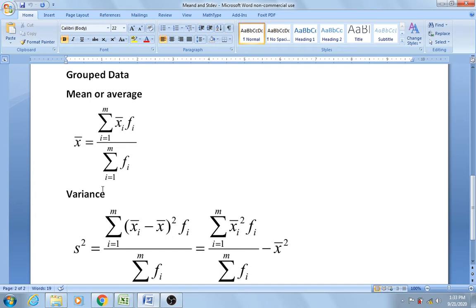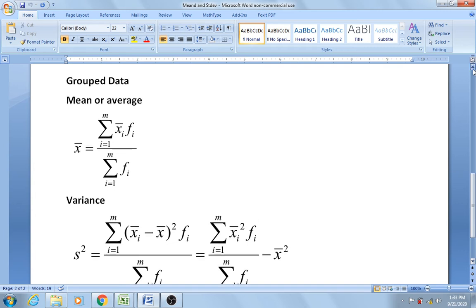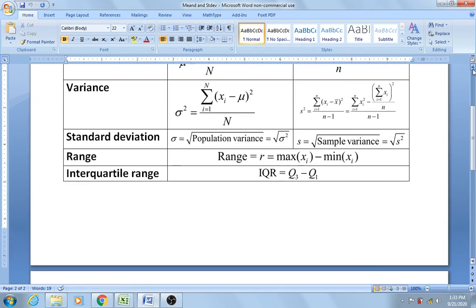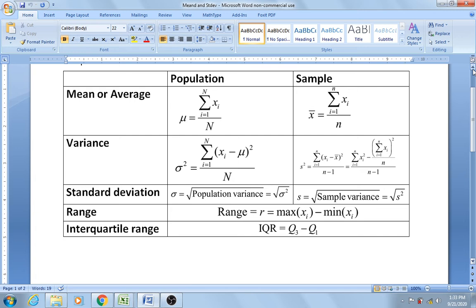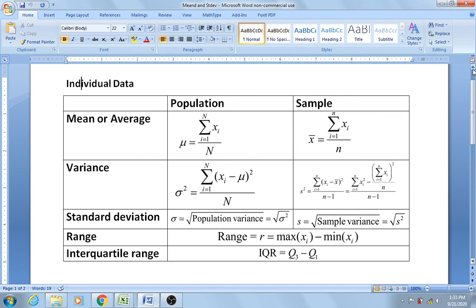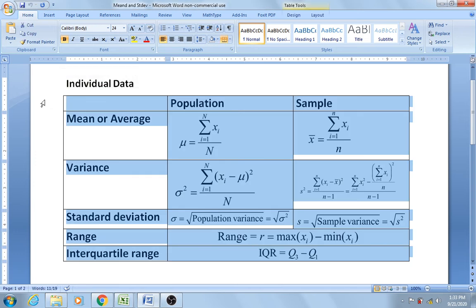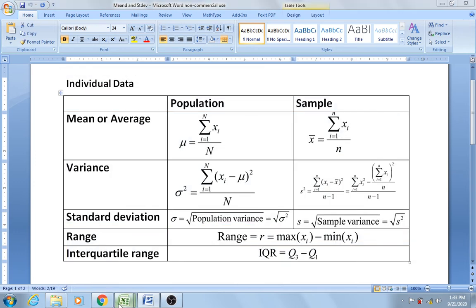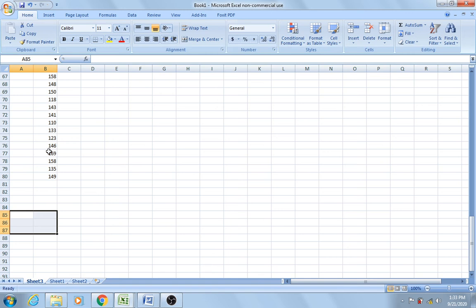In order to make it clear, I will give you an example, and we will start from calculating the mean or average and the variance for the individual data. So this is the data that we have.